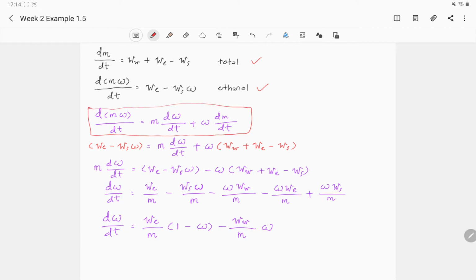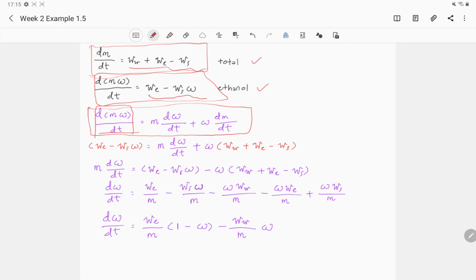Then we substitute these expressions in here. We replace this omega e minus omega sw, and on the last term as well, we replace this term, dm over dt, with this.